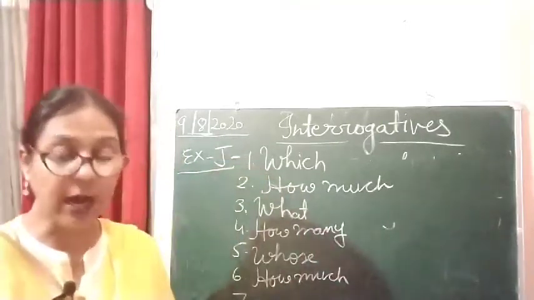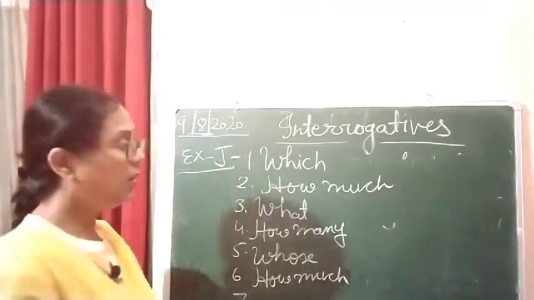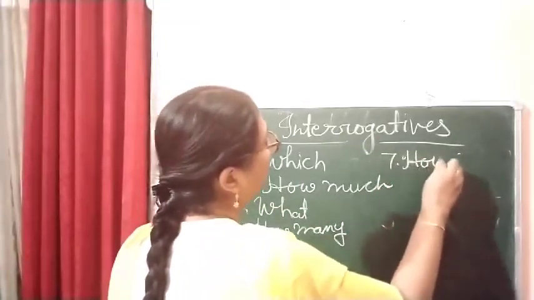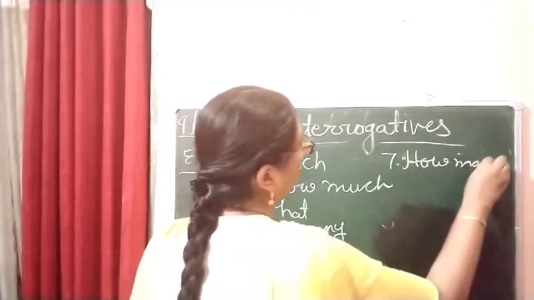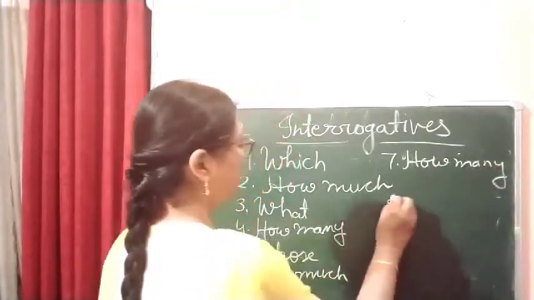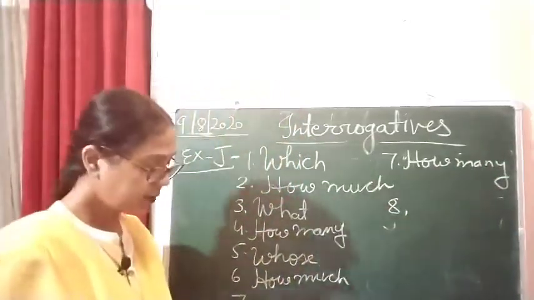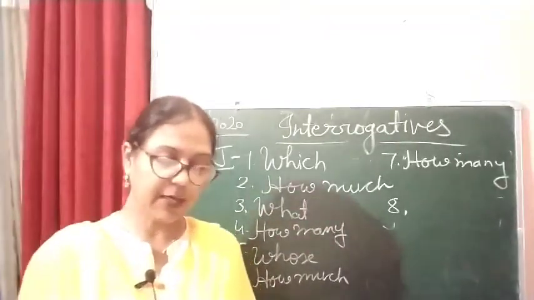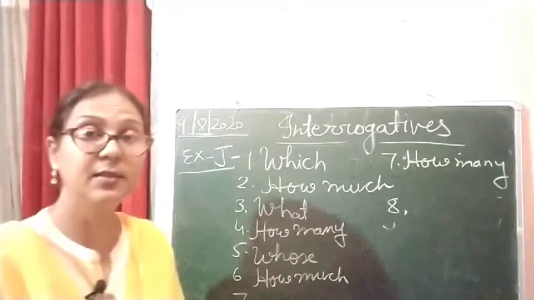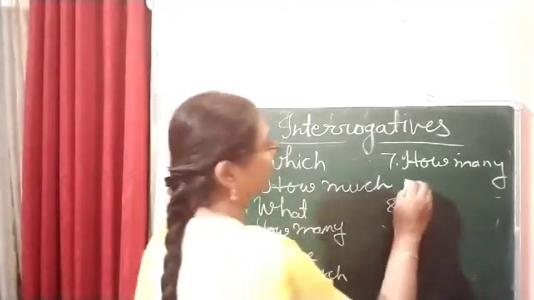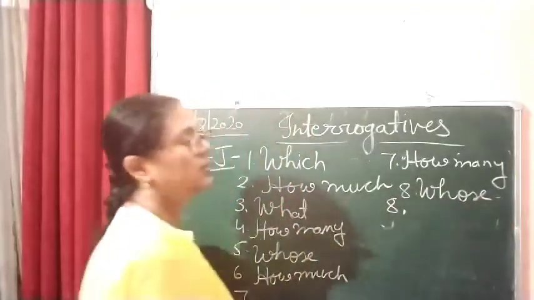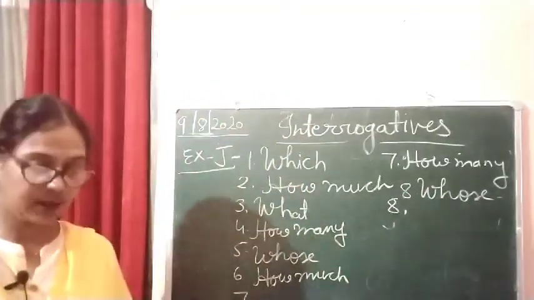Here you can say, how many glasses do we need? On number 8: dash car is parked at the gate. Whose car is parked at the gate?